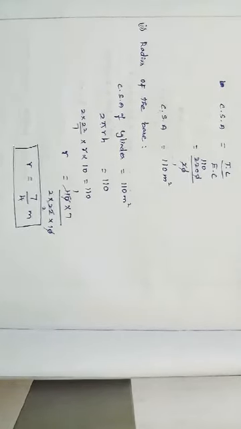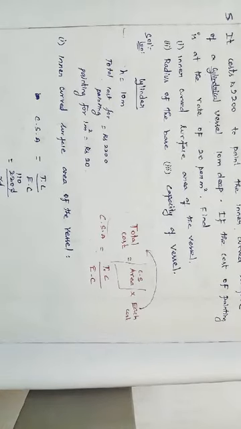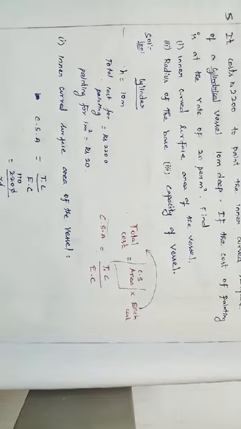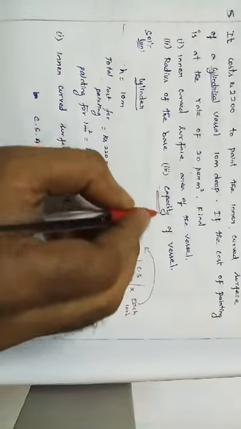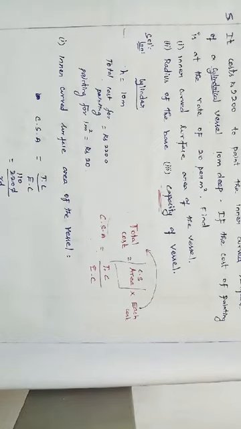Now the next, third one, what we want to find is the capacity of the vessel. See, when they ask for the volume of the vessel, we find it in terms of centimeter cube or meter cube. But whenever they ask you to find the capacity, if it is a liquid, we find it in terms of liters.